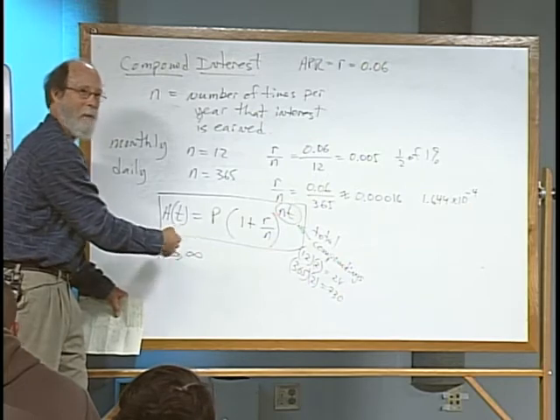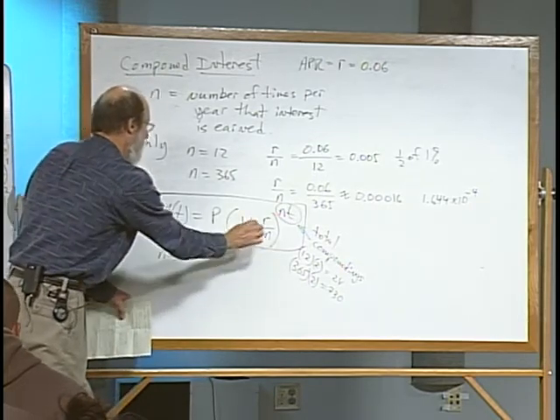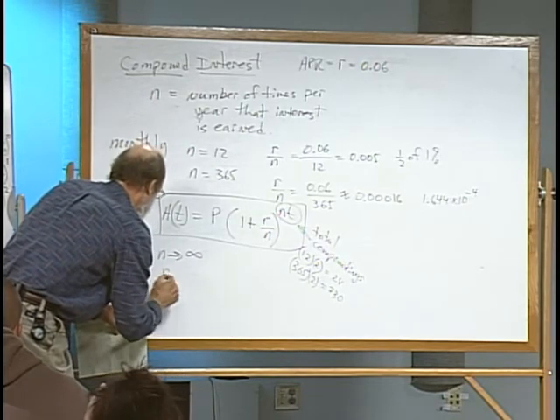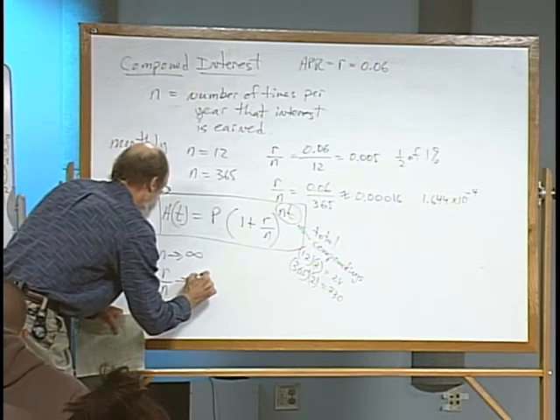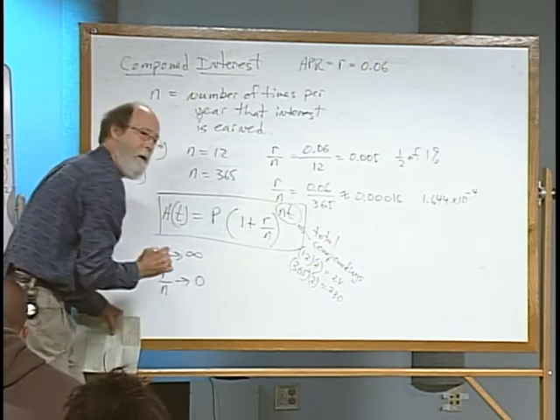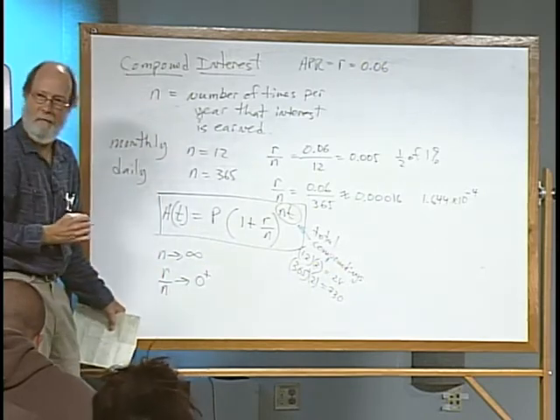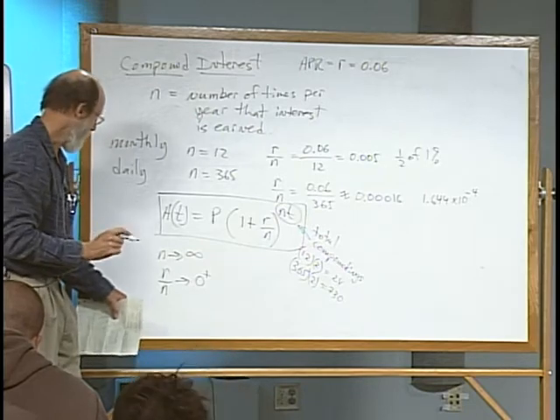And we're talking about n behavior frequently. So as n goes towards infinity, this number r over n is getting driven towards 0, isn't it? But it's slightly positive.